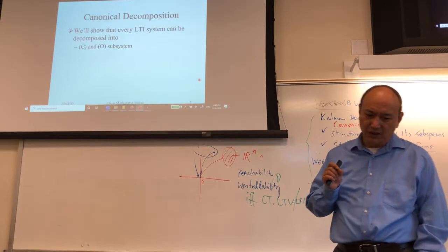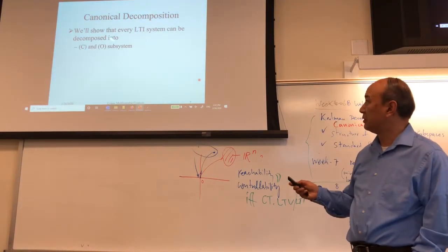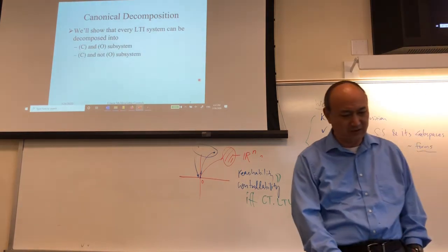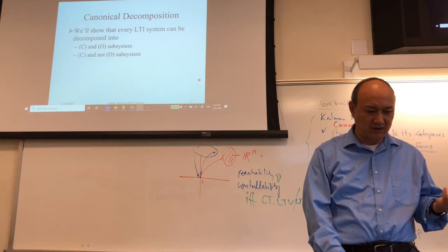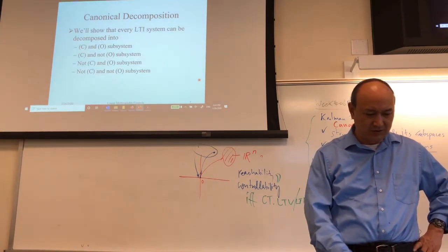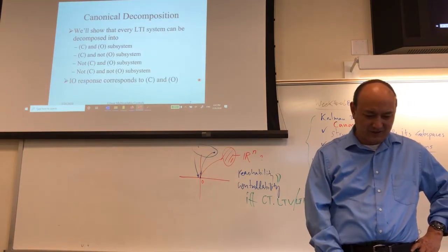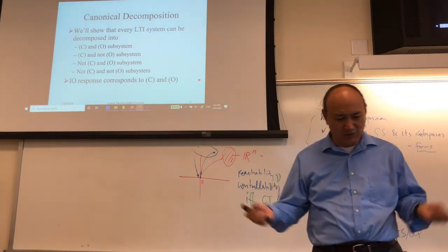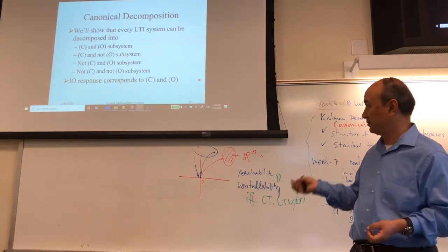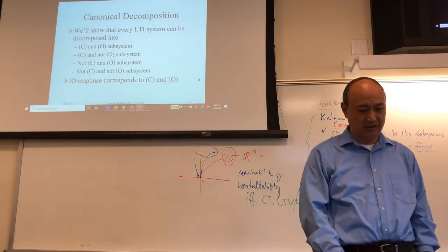So each linear time-invariant system can be decomposed into controllable and observable subsystems, C bar O, and C bar O bar. The input-output response is the controllable and observable part. That's what we really care about.